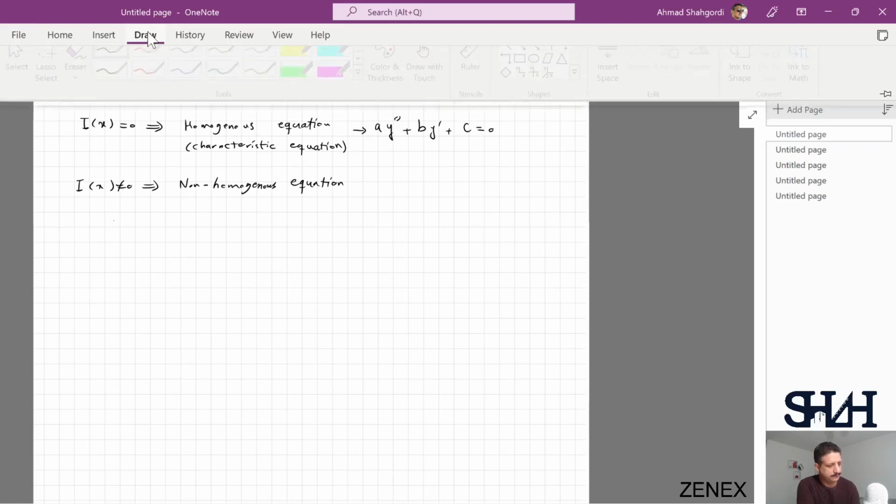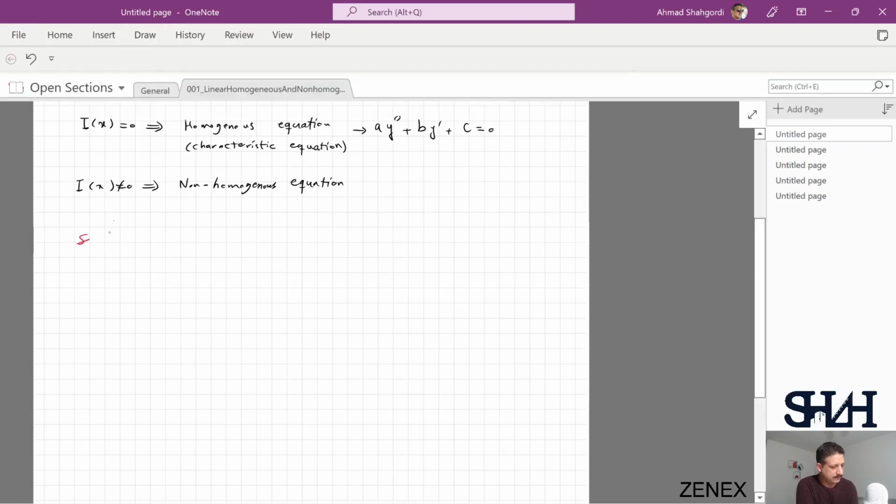So first of all, the solution of the homogeneous equation. First, we need to form the characteristic equation. Instead of y, we can use r or other parameters, and when it is the second derivative, we go with r to the power of 2.